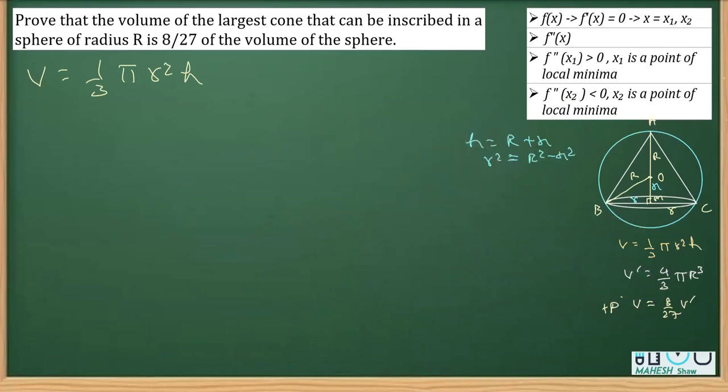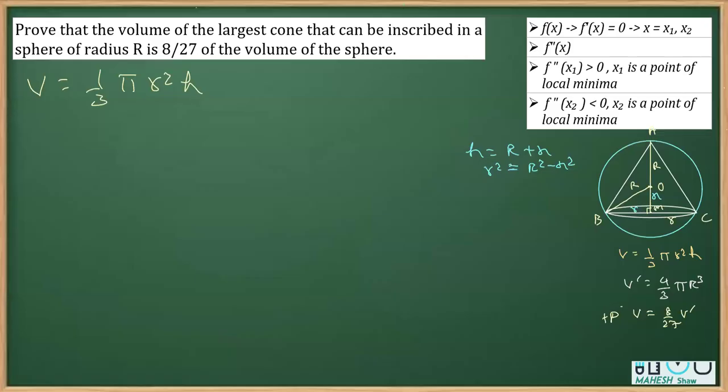Now, some substitution is needed, as we have already decided. So I can write V as 1/3 pi. I'm replacing this r square with capital R square, which is a constant here, minus x square, the variable which I'm going to take.